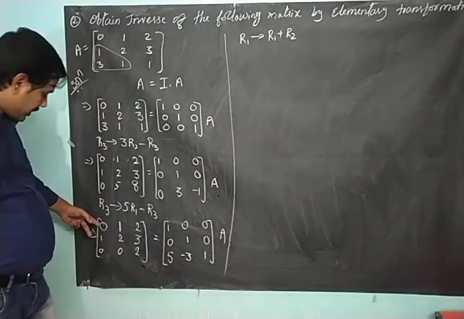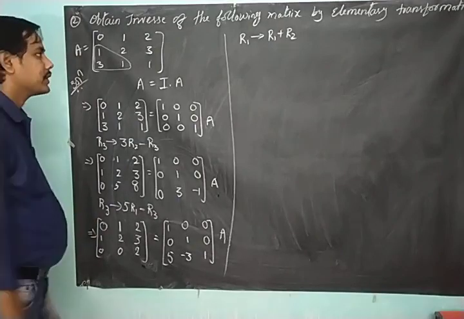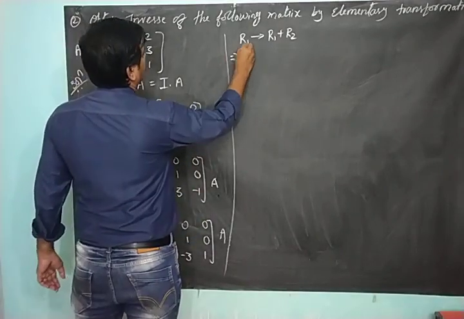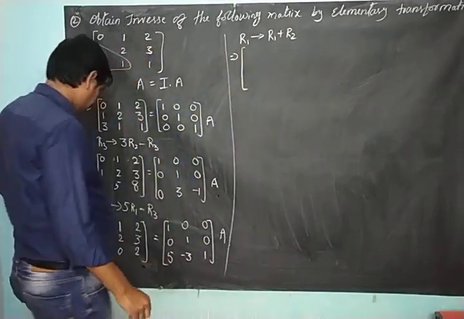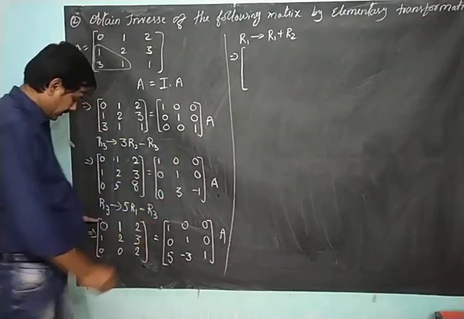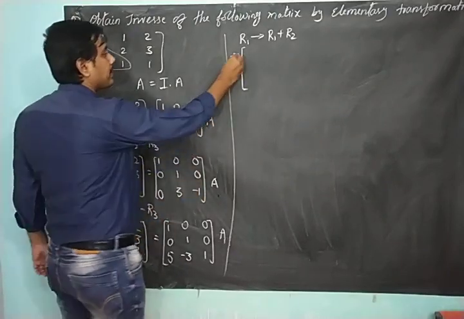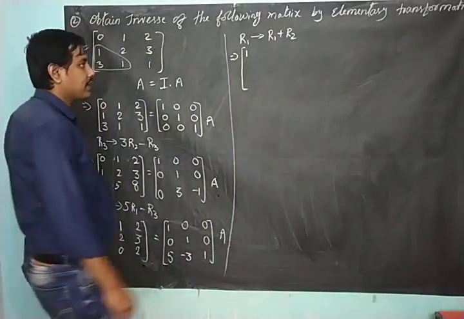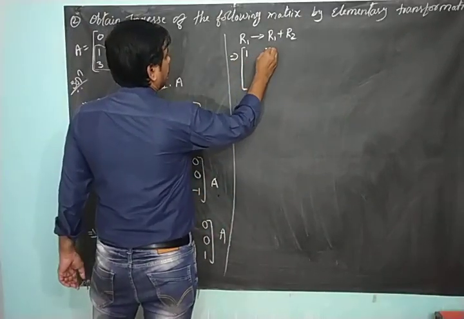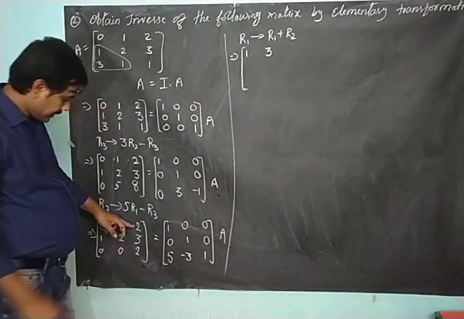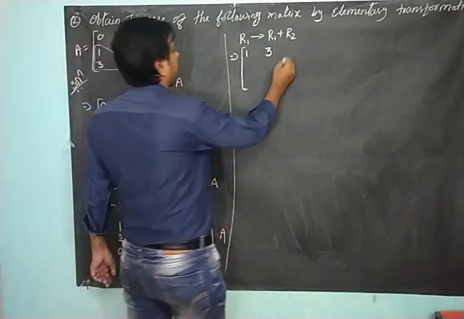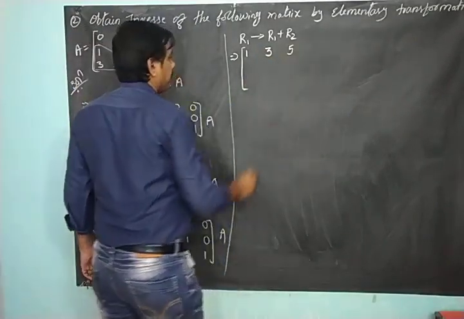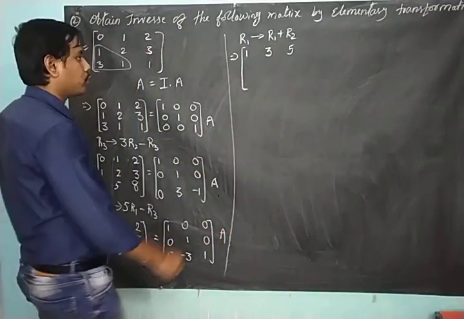So that 0 plus 1 will be 1. Right? So 0 plus 1 is 1. Okay. 1 plus 2 is 3. 2 plus 3 is 5. And 1, 2, 3.